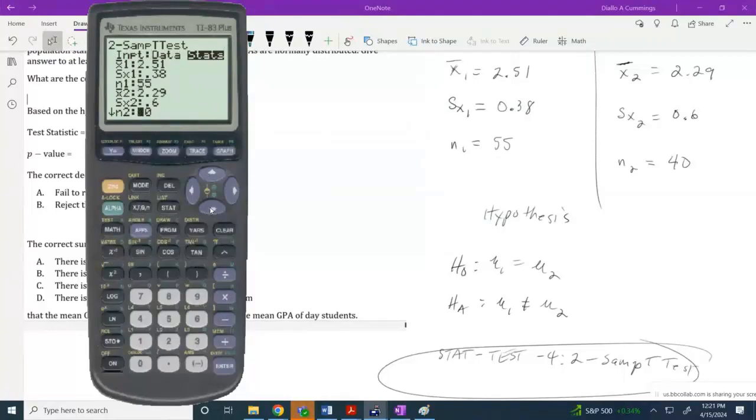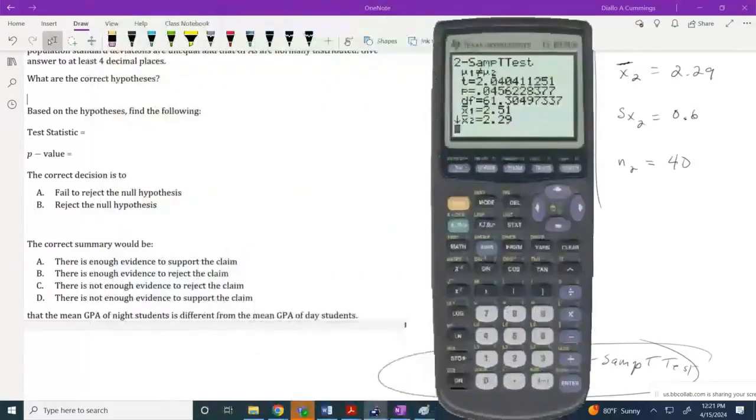If yours looks something like this and you're not seeing the rest of those options, click down with your cursor and that'll bring up the rest of the options. So pooled is always no. And if we hit calculate, we're given the t-test statistic and the p-value.